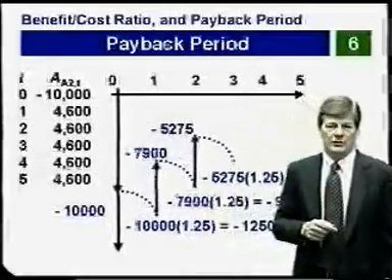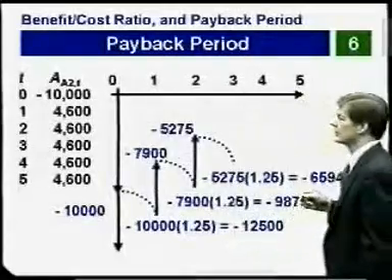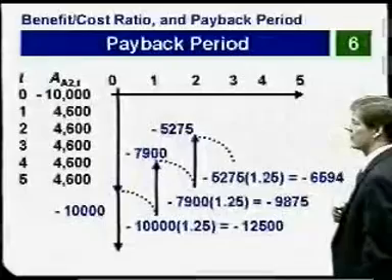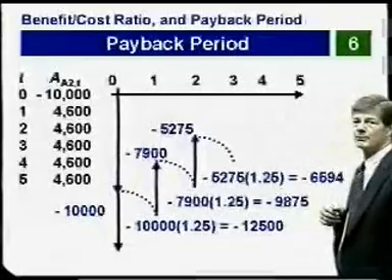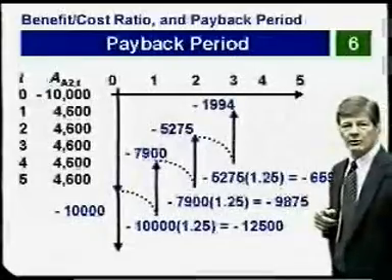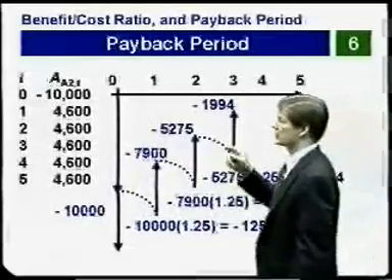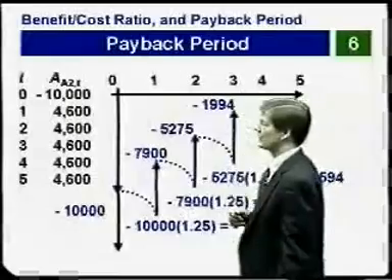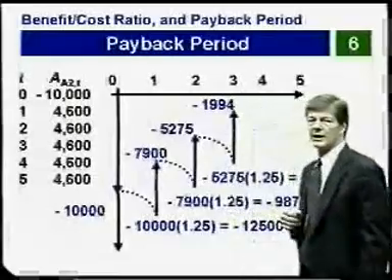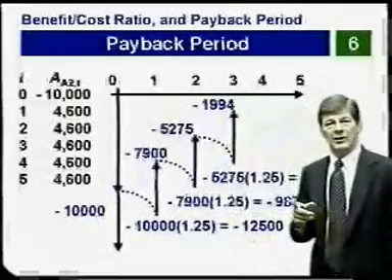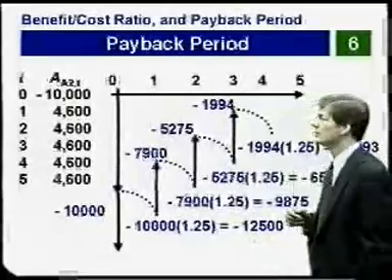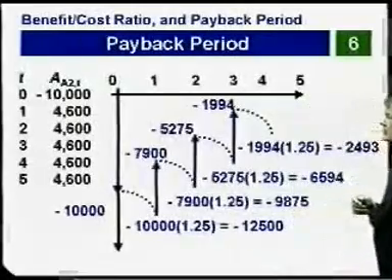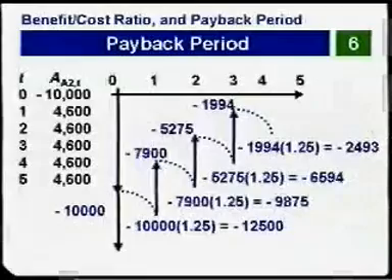$5,275. That grows at 25% to $6,594. I liquidate another $4,600 such that the amount that remains invested as of time 3 is $1,994. That grows at 25% to $2,493.